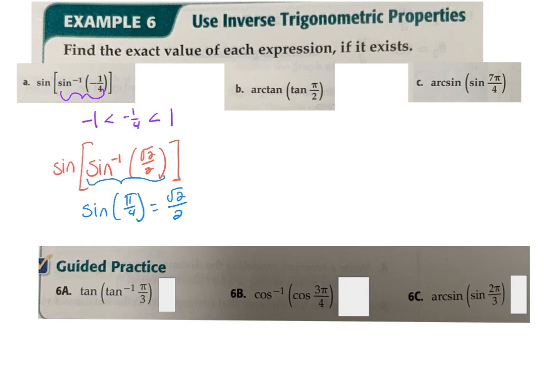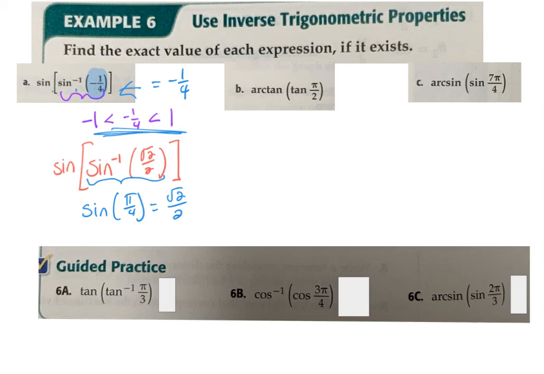So that's what we did for this one. So for this one up here, yes, negative 1/4 falls in the range correctly. So if I do the sine of the inverse sine, I will just get what's inside there, which is just negative 1/4. It will work. All right. So far, so good.